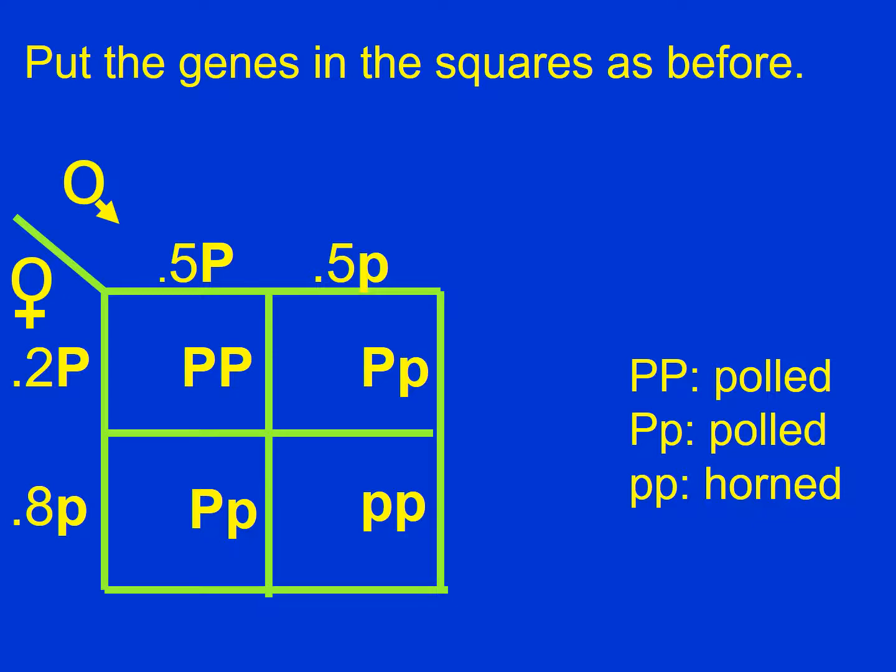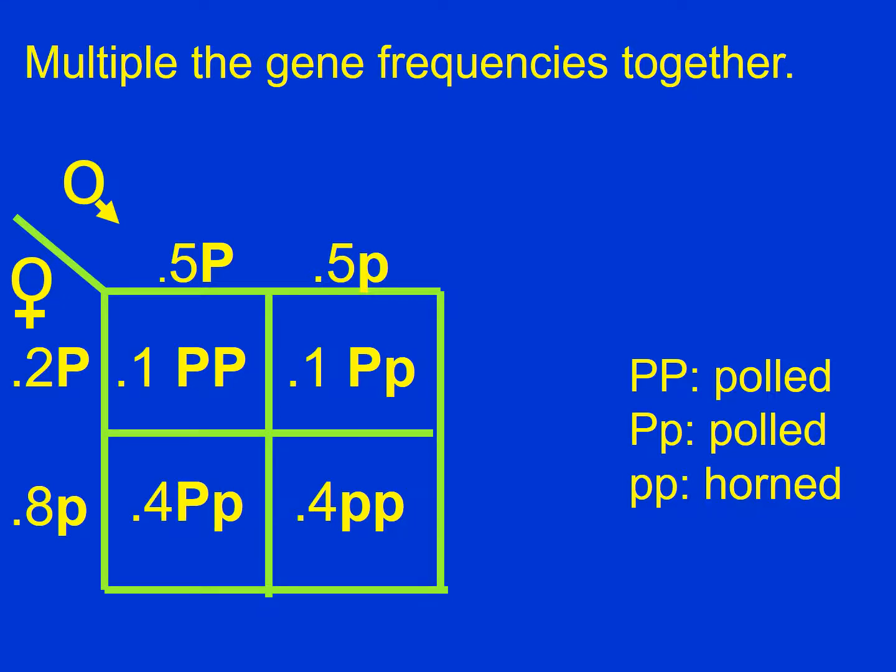So the first thing we do here is just fill out the boxes with the horned versus the polled genes. Because the frequency of the genes in our cow herd was not 50-50, but instead 20% and 80%, we have to multiply these frequencies through. So 0.5 times 0.2, you've got a 0.1 chance, or 10% chance, of having a homozygous polled individual born.